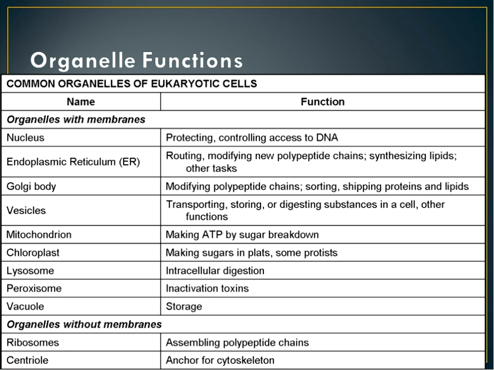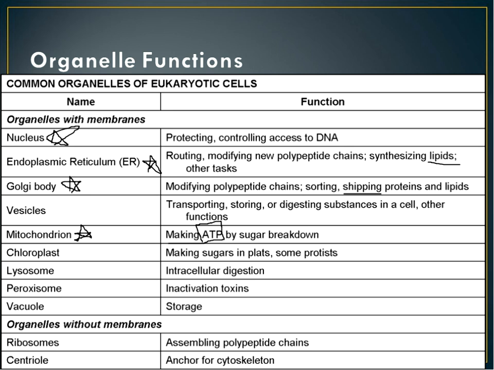Here it is again. You definitely want to know the nucleus. Controls access to the DNA. It protects and controls everything, really. You need to know the ER. It makes lipids if it's smooth, or it makes proteins if it's rough. You need to know the Golgi body or Golgi apparatus. Remember, that's the shipping things in and out of the cell. You need to know the mitochondria for sure. That's the powerhouse because it makes energy.